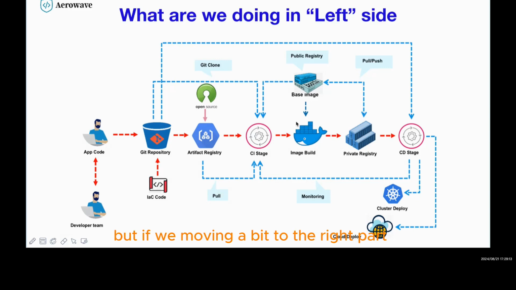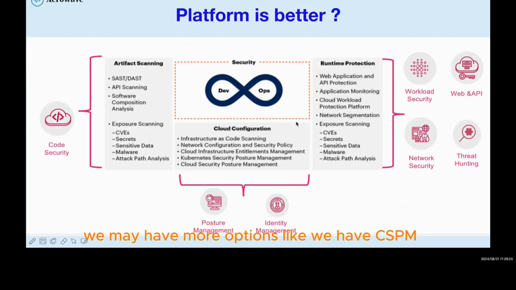But if we move a bit to the right, to runtime, we may have more options. We have CSPM, Cloud Security Posture Management, for cloud infrastructure configuration, CWPP to manage workload protection at runtime, and DSPM to manage cloud storage security. So we have a lot of tools.